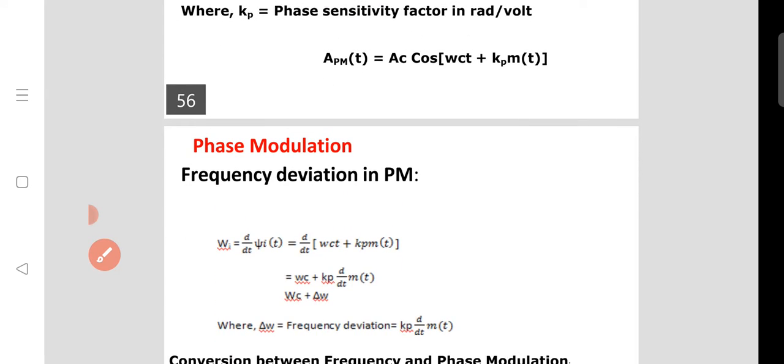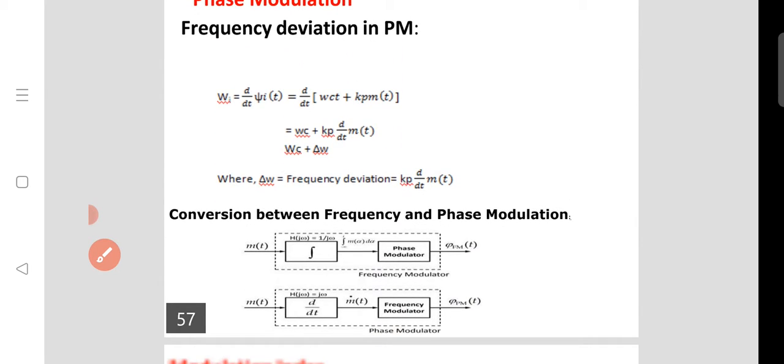Then the frequency deviation. The frequency deviation in PM is the derivative of psi of t. The derivative of angle is nothing but frequency, as we already told in the previous class.